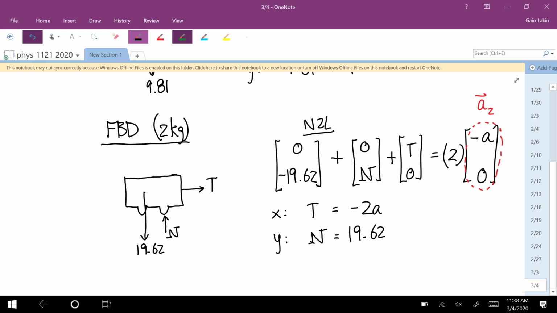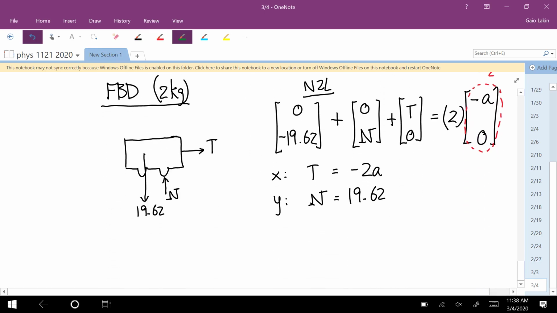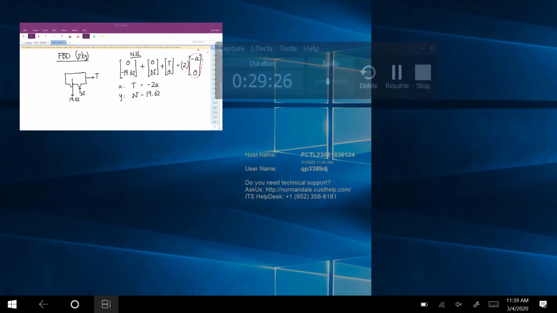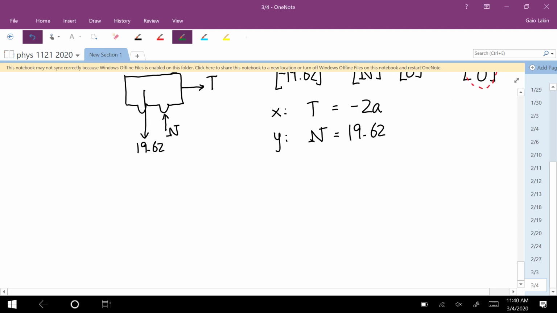In this case, it'll be the x equation from this one and the y equation from the hanging mass. So take a minute and figure out what the values of T and A are. Okay, so if you solve that system, what do you get for T and A?